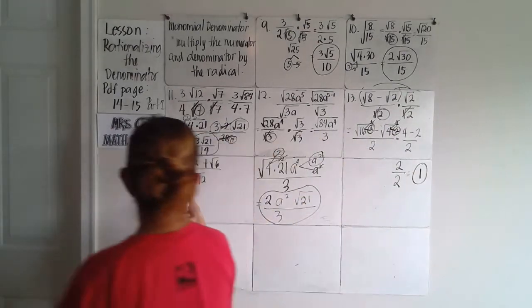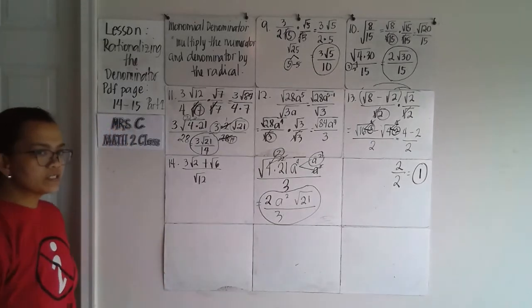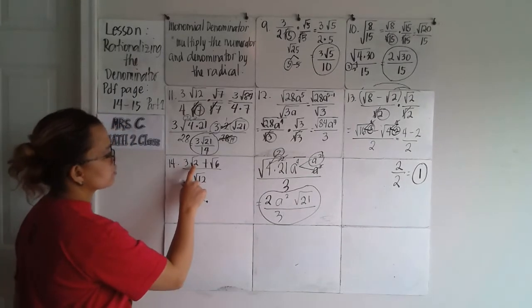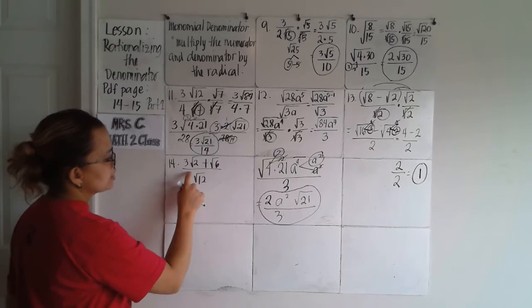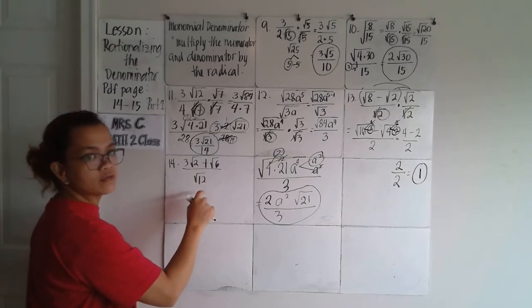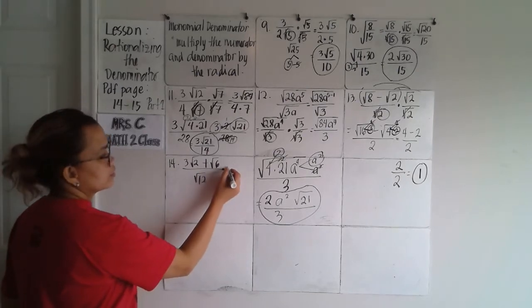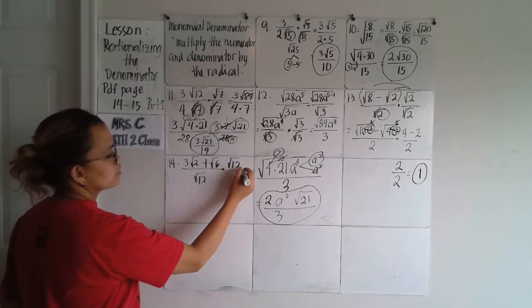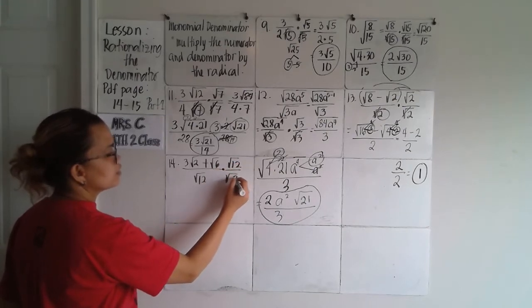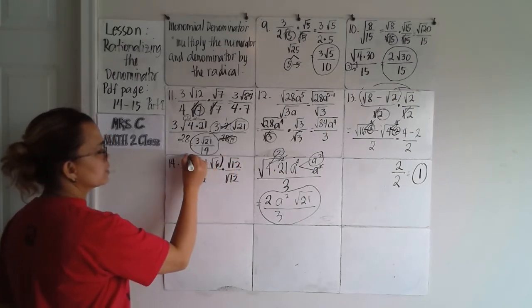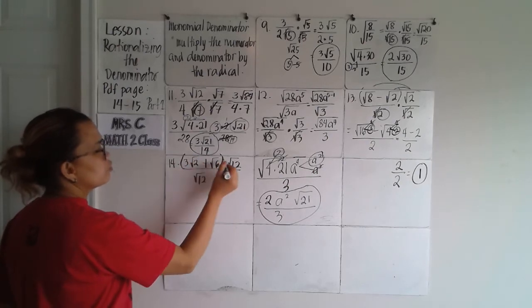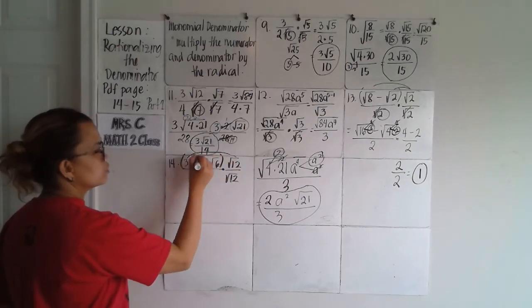Let's go to number 14. For number 14, we have 3 square root of 2 plus square root of 6, divided by square root of 12. So multiply by square root of 12, square root of 12. As I said, you are multiplying a binomial by a monomial, so we need to distribute.